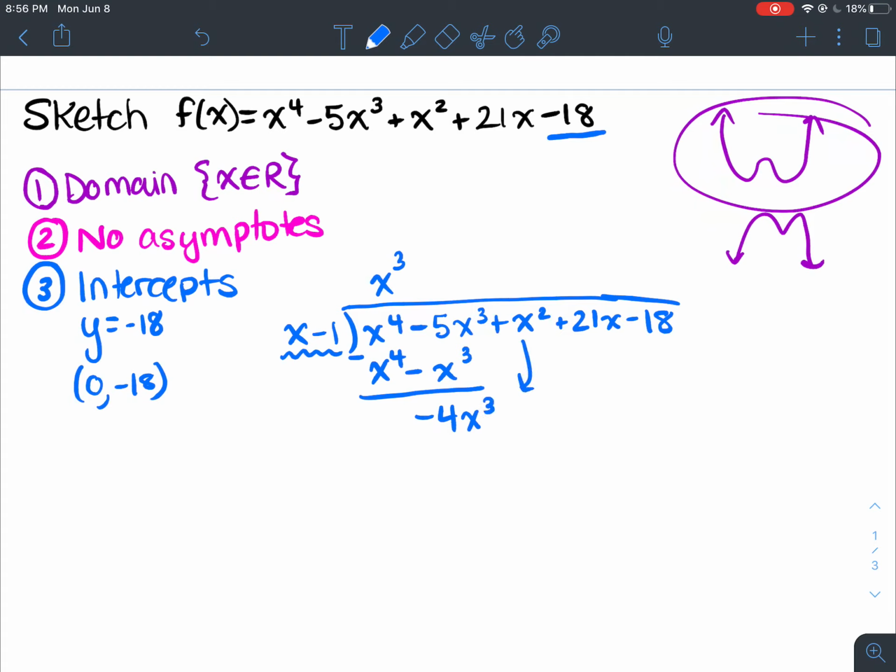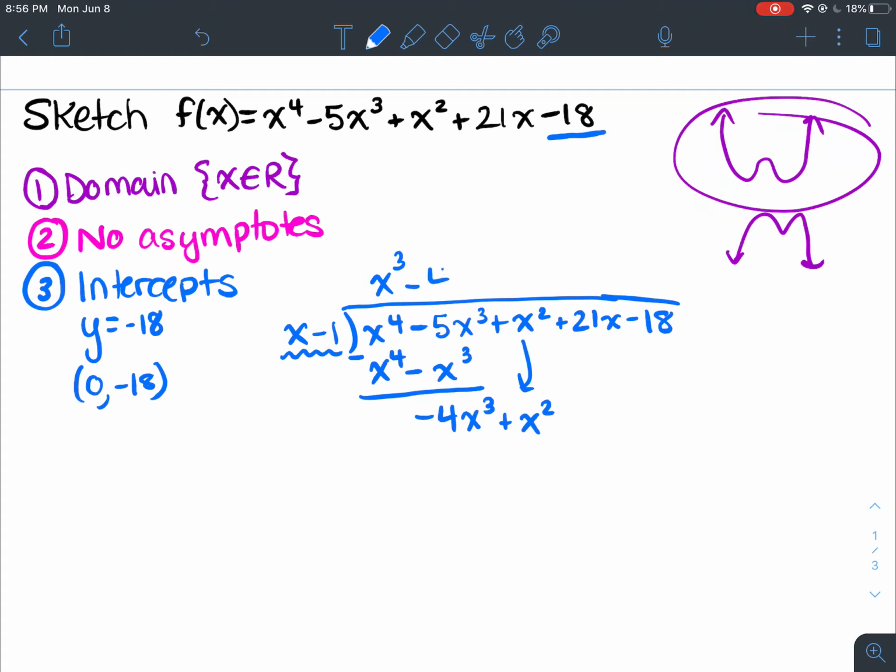And then I bring down my next term, which is x squared. You do need to make sure that all your terms go in order, so like 4, 3, 2, 1, 0. If they don't, you have to add in a 0 term. Okay, so then how many times does x go into -4x cubed?